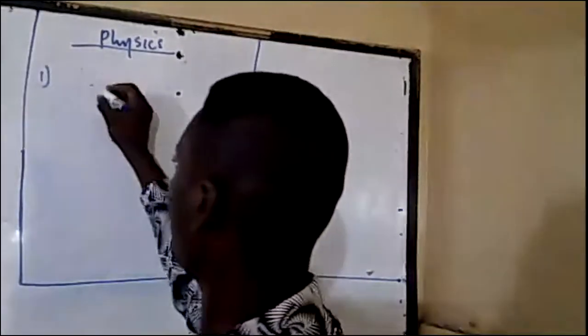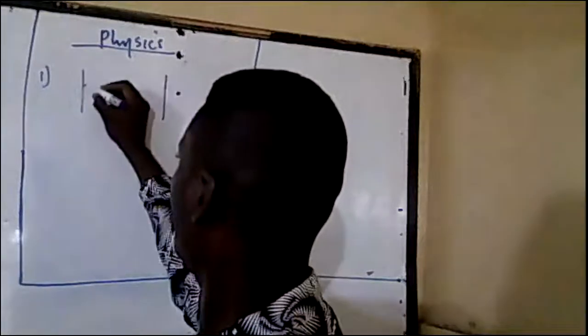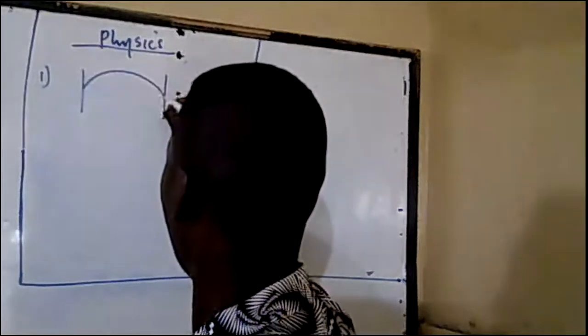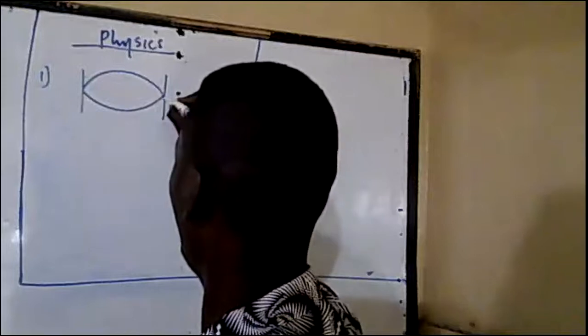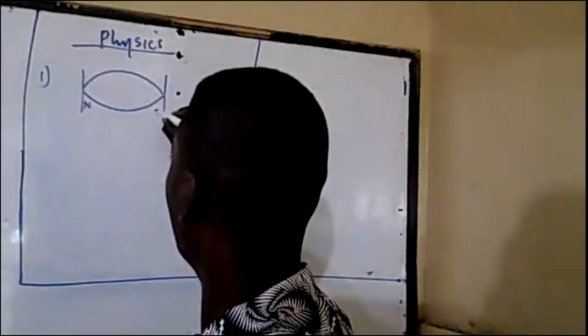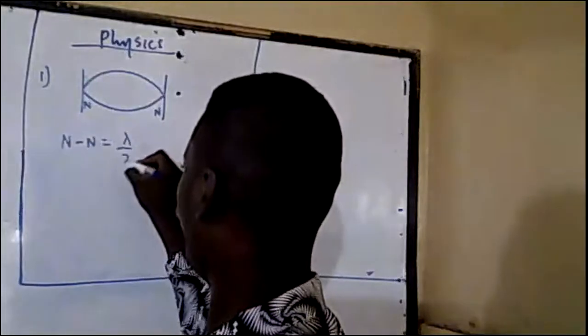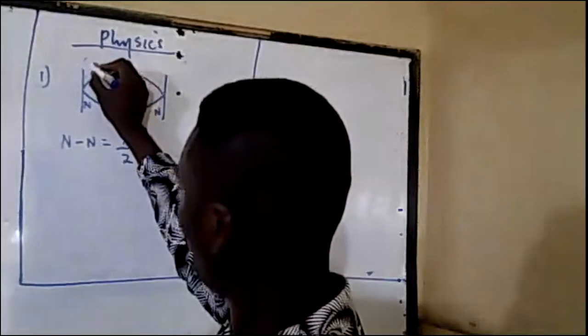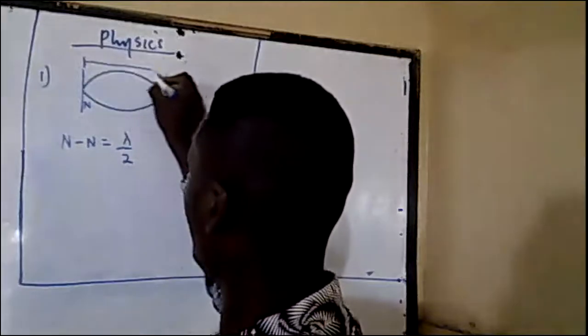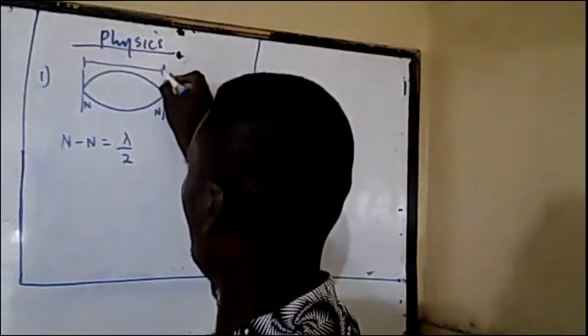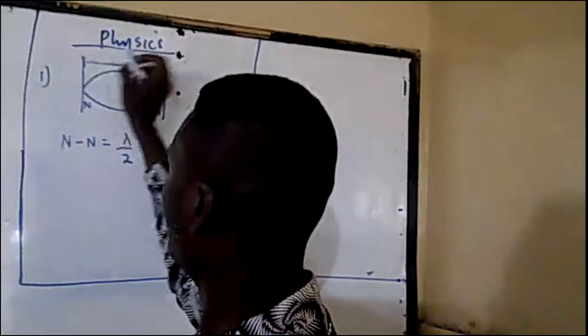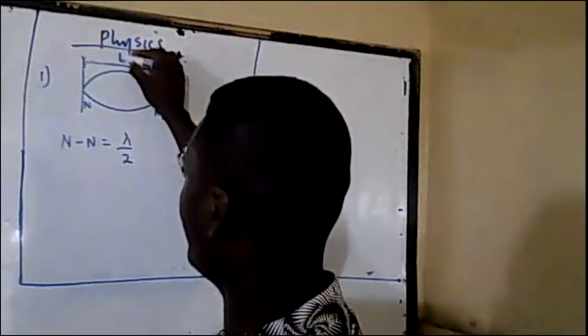So the first one, let's say this is a barrier and a string vibrates. Let's deal with the first loop. We have node, node. And remember we said that node to node is what? Lambda over 2. If someone was performing this experiment, let's say we use a meter rule or whatsoever ruler you have around, use it to measure and you have the length here.